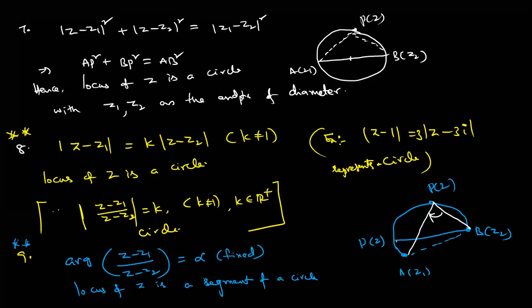Or here, this is alpha, or this one is alpha. Segment of circle, this one. Suppose alpha is 90 degrees, then what do you mean? It should be a circle, and these points must be end points of the diameter. That's the meaning.